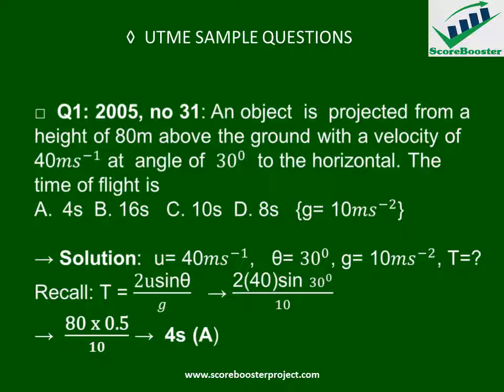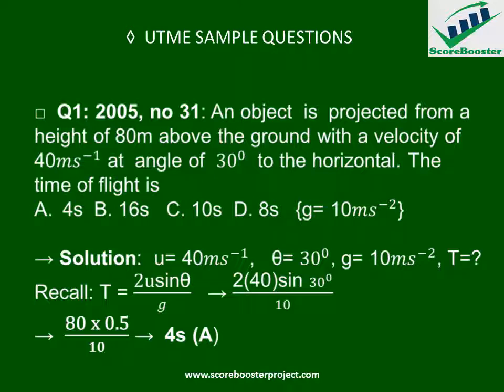Then you are given option A to be 4 seconds, option B to be 16 seconds, option C to be 10 seconds, option D to be 8 seconds. Then you are given in brackets acceleration due to gravity g is equal to 10 meters per second square. Now on to solution. The first thing here is to write out the given parameters.